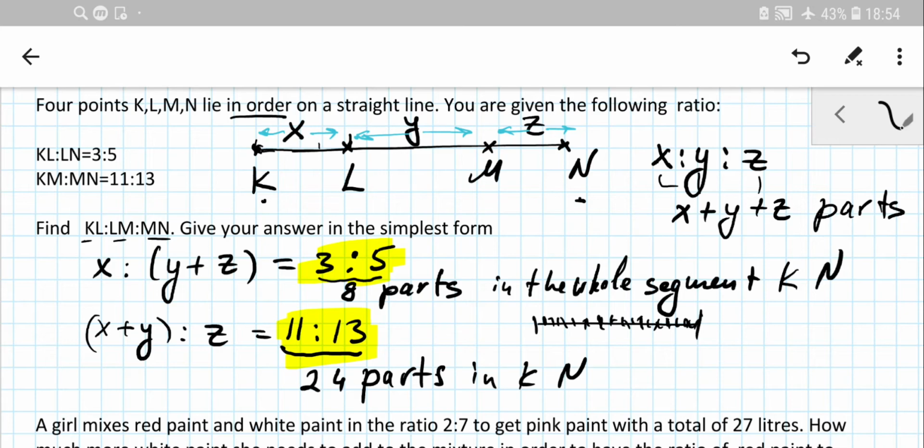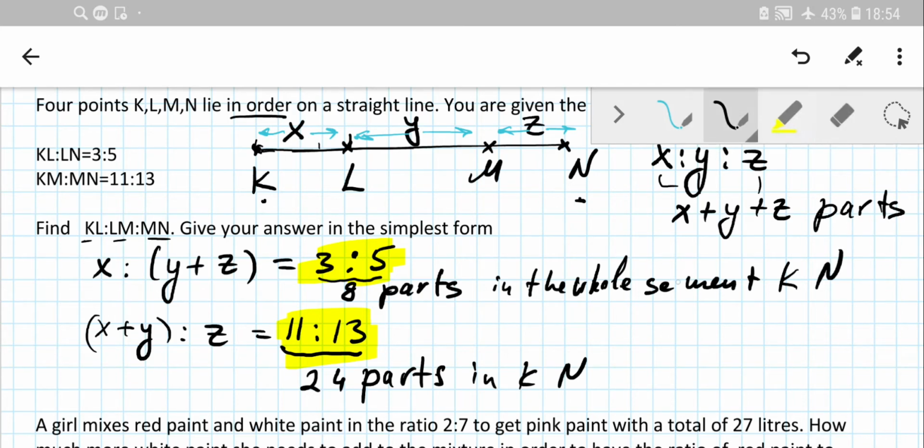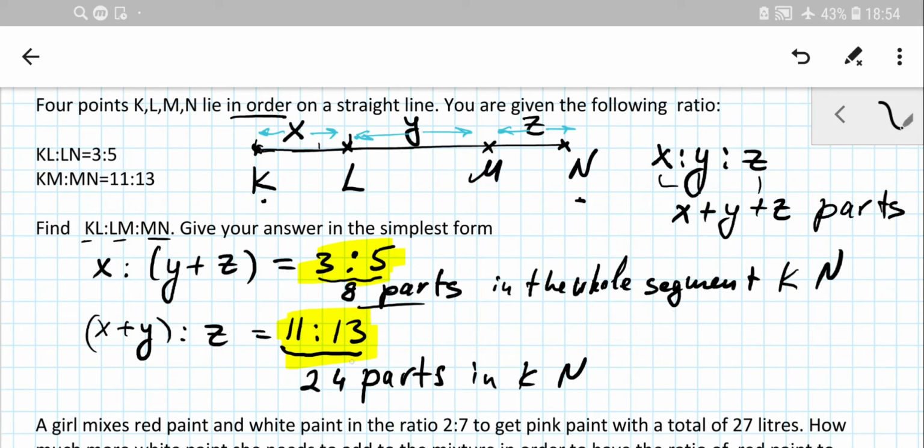They're not an equal amount of parts. So the first recommendation is to align the number of parts. How can you do this? 8 parts in total versus 24. This is 3 times less than that.